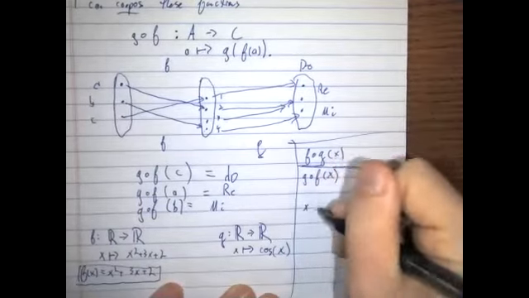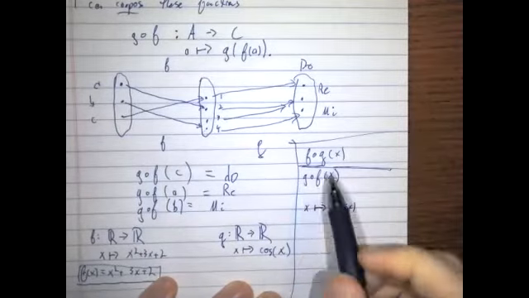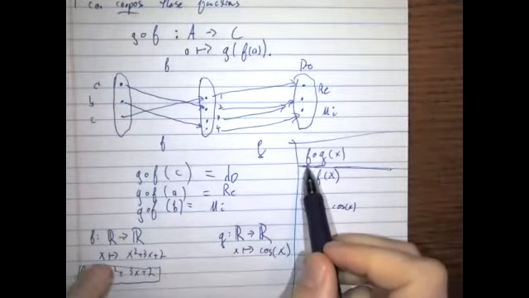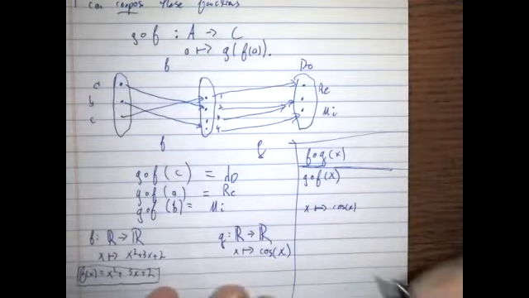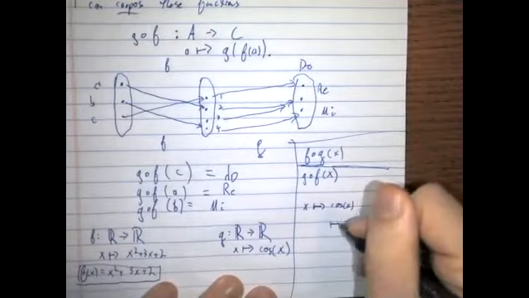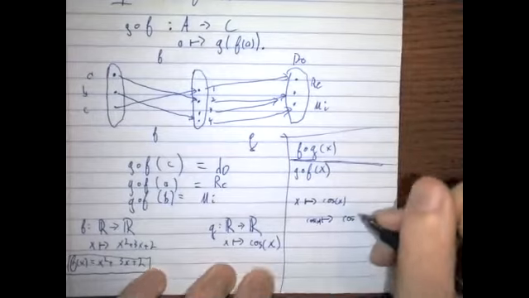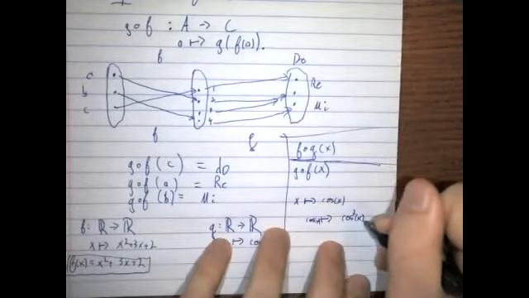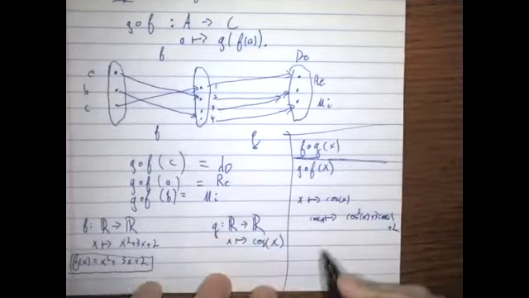So I'm sending x to cosine of x. And then what the function f does is it takes any element and sends it to the square of that element plus 3 times that element plus 2. So cosine of x gets sent to cosine squared of x plus 3 cosine of x plus 2.